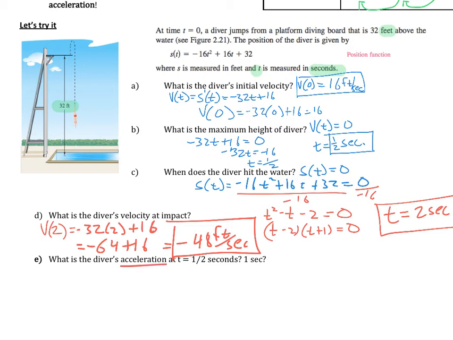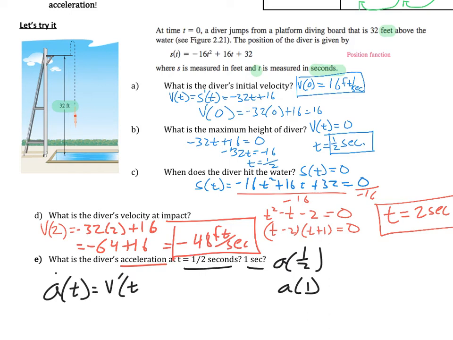So let's talk acceleration now. Acceleration means that we have a change in velocity. So we're going to need the acceleration at 1/2, and also we're going to need a of 1. So what's the acceleration at 1/2 second and 1 second? Well, a of t is the derivative of velocity. It is the change of velocity.